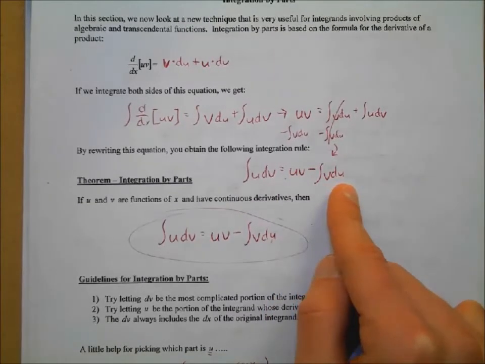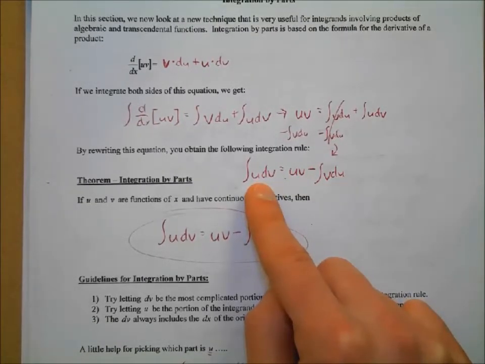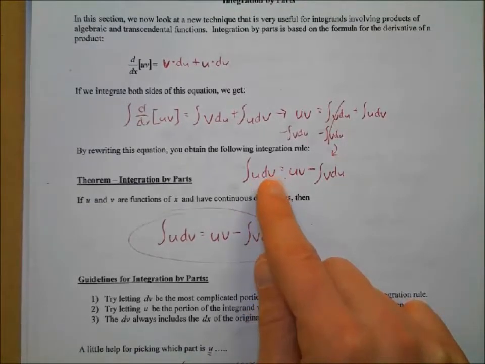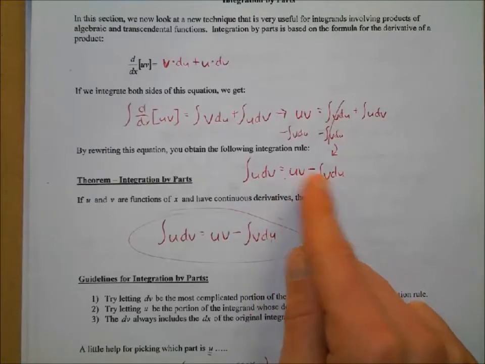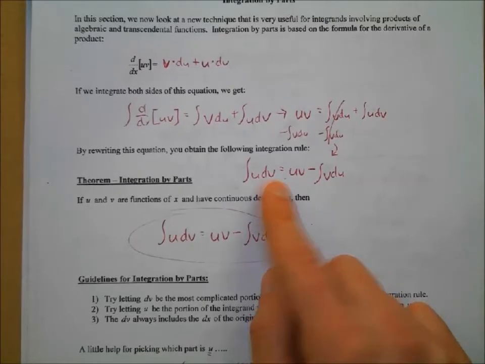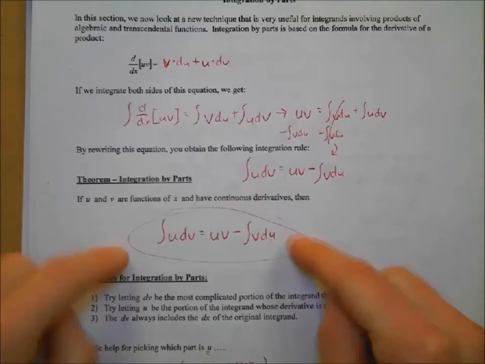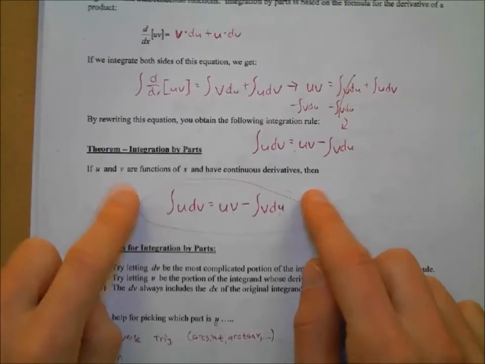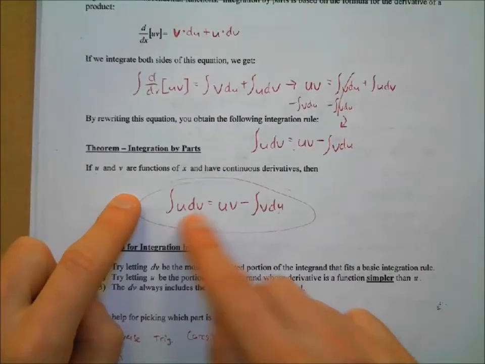So typically you want to choose your u to be something that you can take the derivative of easily. For dv, we're going to end up having to find v, so in both cases we need v. In other words, the thing we select to be dv, we need to integrate. That's something to keep in mind. And there again is our formula for integration by parts. We're going to take an integral in this form and rewrite it in this form.